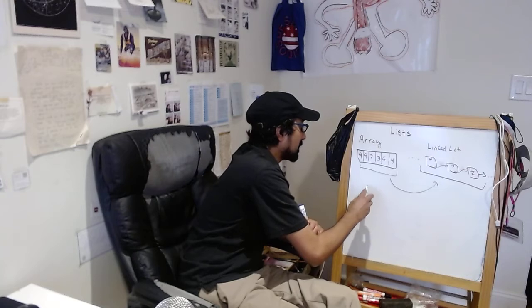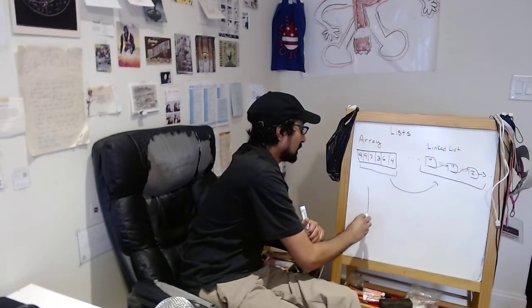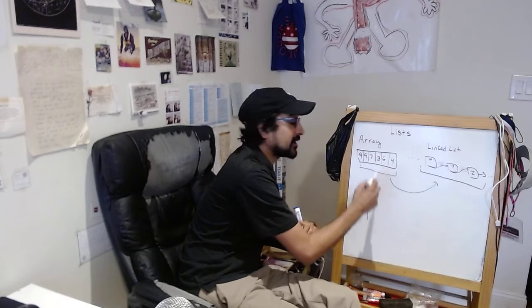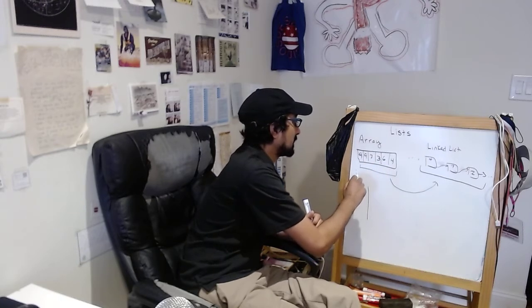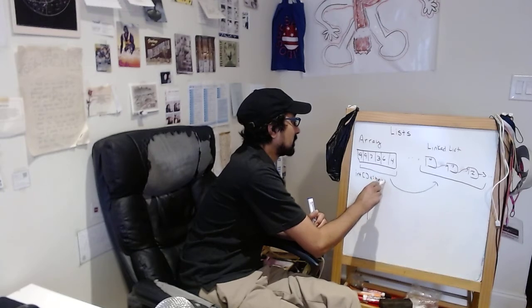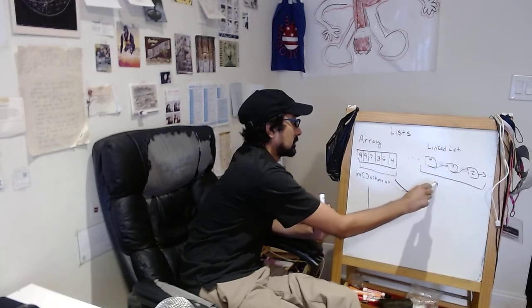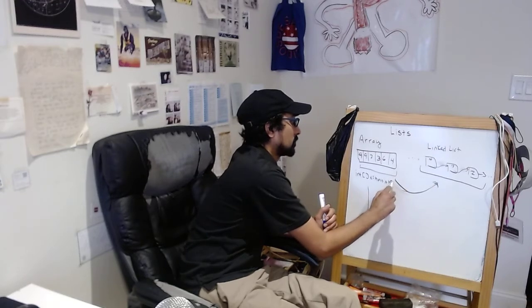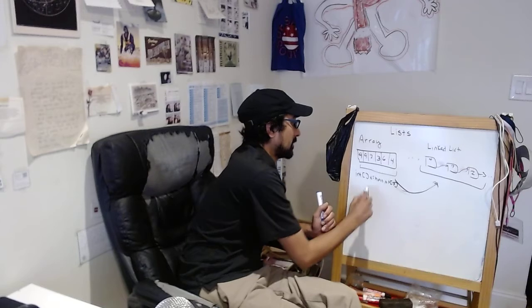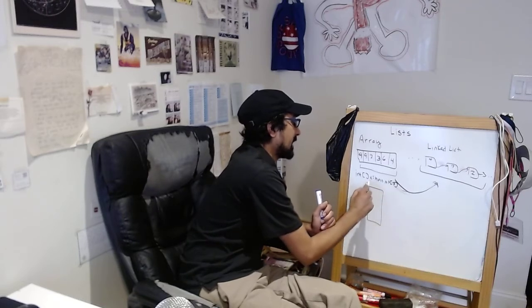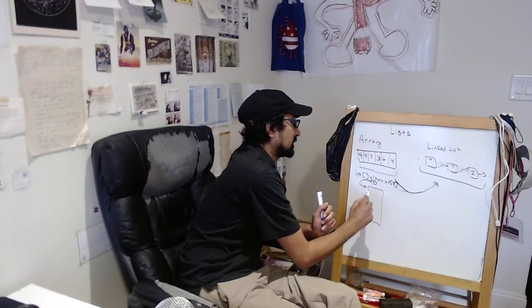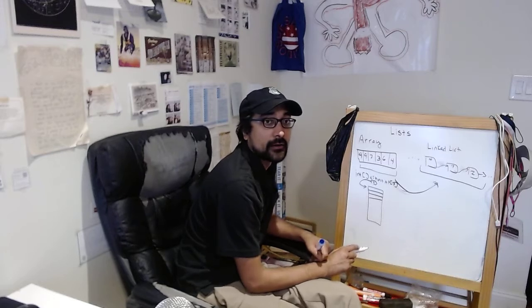An array is an object, even if it is a primitive. So like int x equals new int three, or whatever, means that x is somewhere up here and it's referencing 3 variables on the heap.